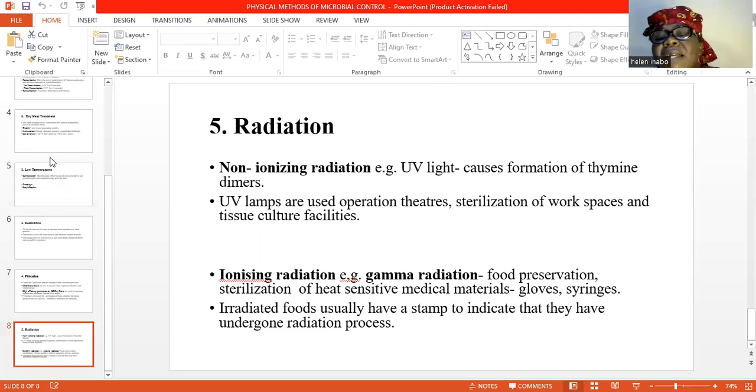If I eat irradiated food, will it cause damage to my DNA? So it is required that irradiated foods must have a stamp to indicate that they have undergone the radiation process.